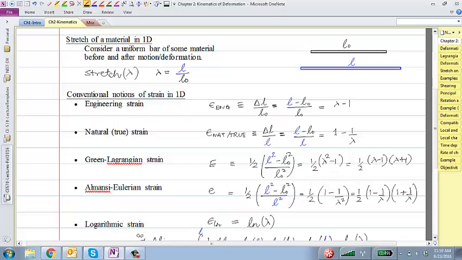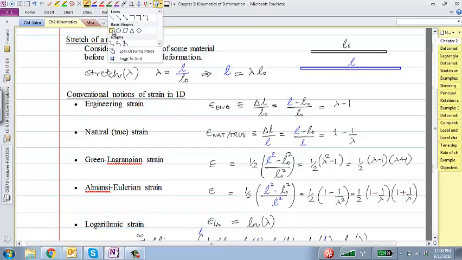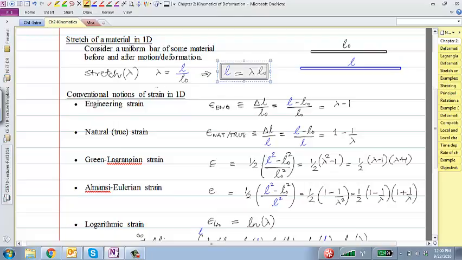I'm going to write the same definition in a slightly different way, but with a very important interpretation. The final length of a body can be obtained by taking the stretch of that body and multiplying it with its initial length. It sounds like I didn't do anything here.